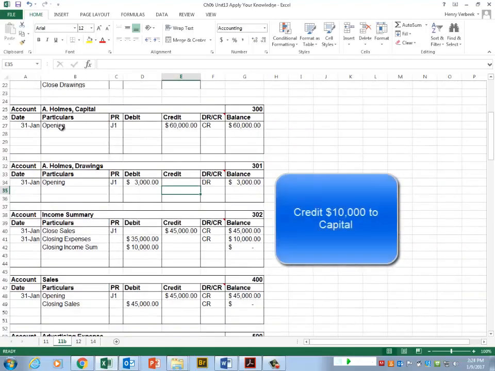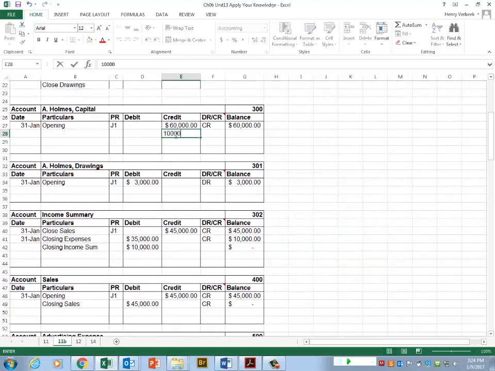Then we're going to credit 10,000, and that will continue to be a credit. It's going to be equals this plus this, enter. And that was because of closing income summary. And again, I'll add those dates at the end.